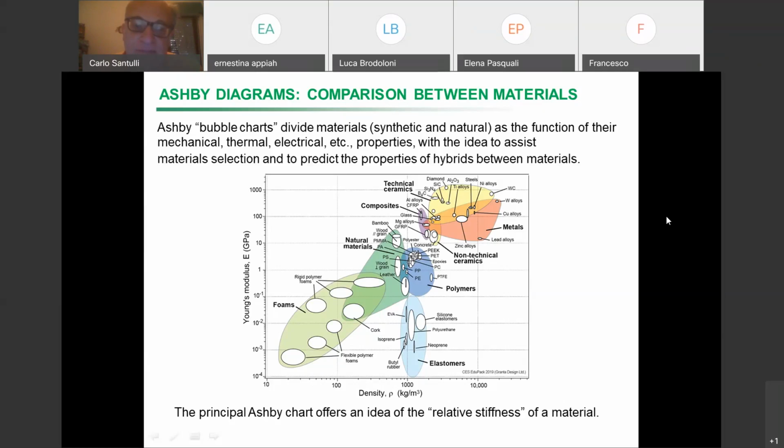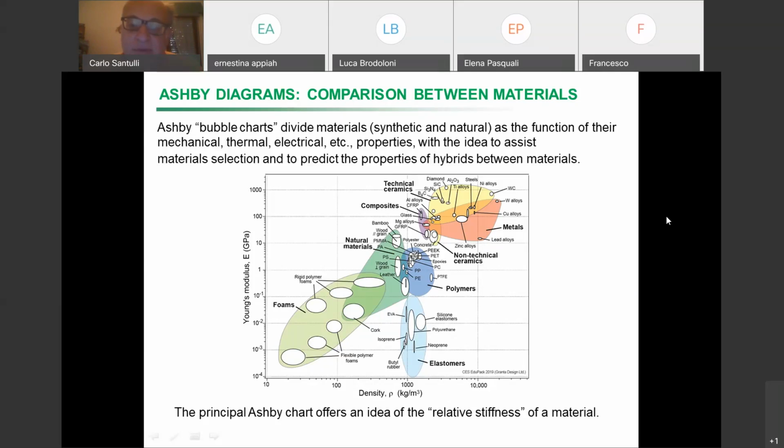Then we have foams. Foams are materials which are empty as a large part. They have empty volumes like honeycombs, and basically they are constituted by cells of different shapes, and they can easily be compressed. Some foams are more rigid, some are more flexible.